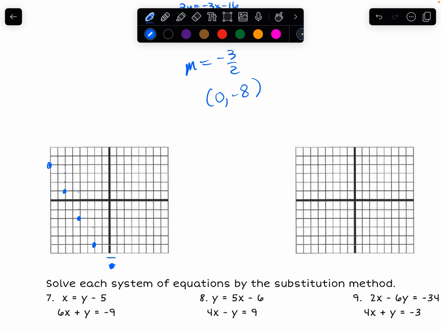Okay, and then I need to draw the line. I know it's not going to be perfect because I had to put those two little lines underneath.